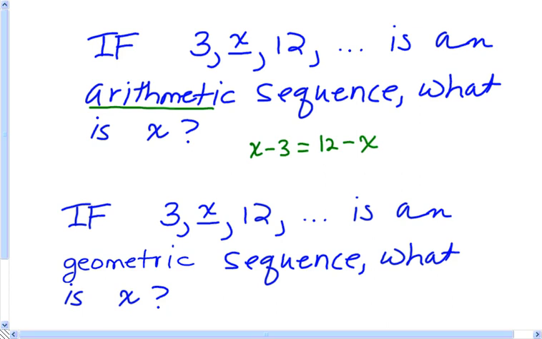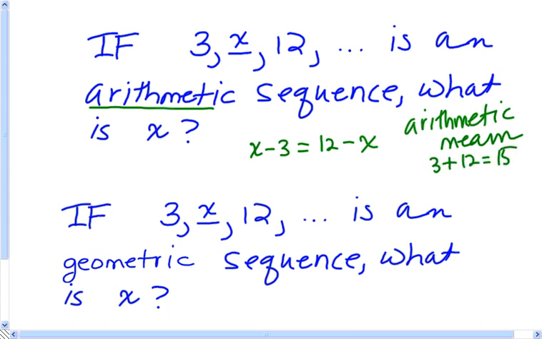One way I can find that is by finding the arithmetic mean, which is just adding 3 plus 12, which is 15, and then dividing by 2. I think if we solve this, we'll see that it's the same thing.